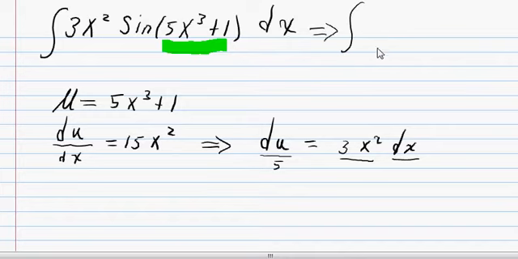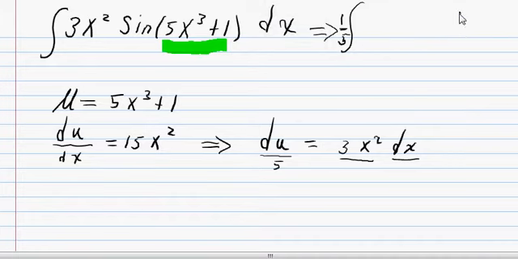Since I have this 3x squared dx here, and this, according to what I just did, equals du divided by 5, I can actually put this outside the integral. So let me just multiply by 1 over 5, and I am just going to erase this from here.